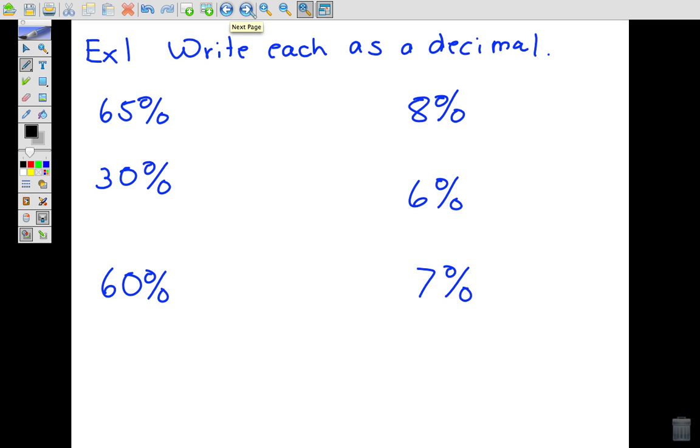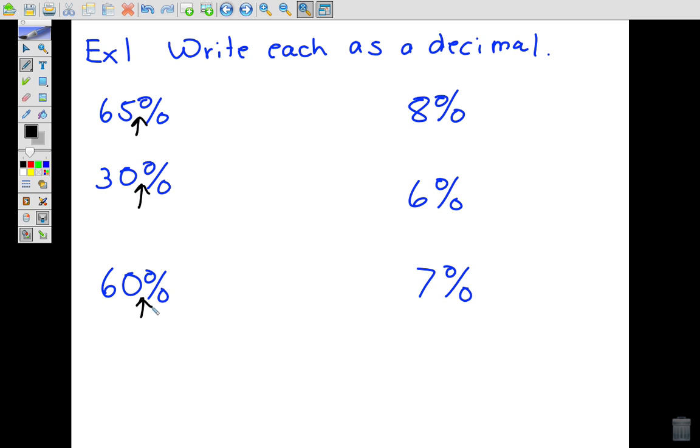Here they want you to write each of the percents not as a fraction, but as a decimal. Really, this is easier than writing it as a fraction. Here's all you do. To write a percent as a decimal, first of all, locate the decimal point. Now in all these, I've got 6 examples up here. The decimal in a whole number is always to the far right.